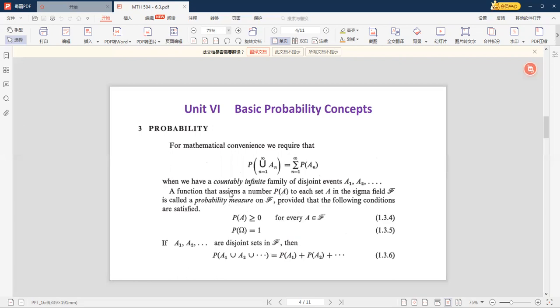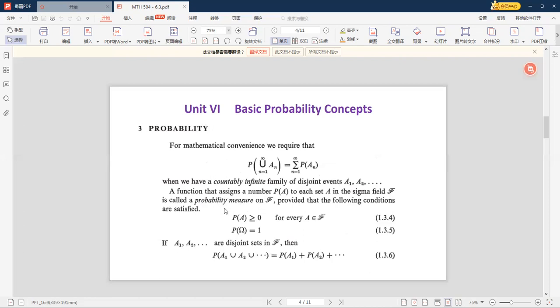So if you assign a function on each set A in this field, a number between 0 and 1, then we call it a probability measure. What is the probability? It's a measure because it gives a number between 0 and 1 for each set in this field.